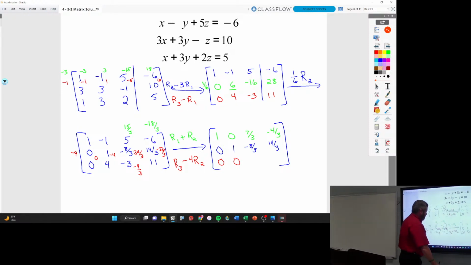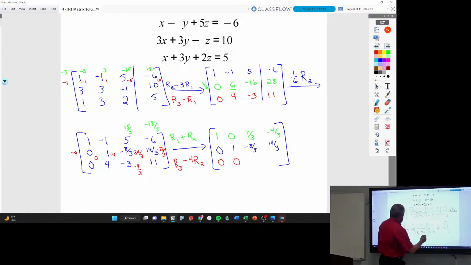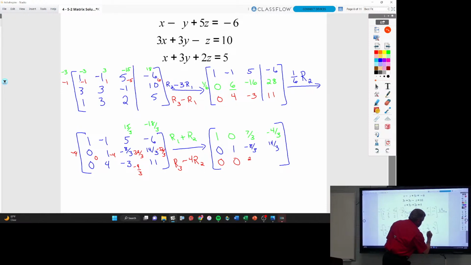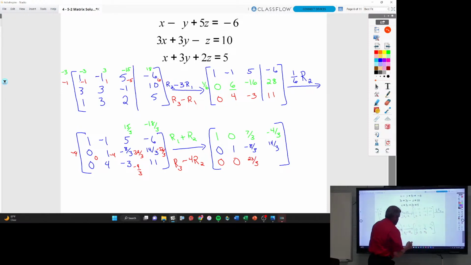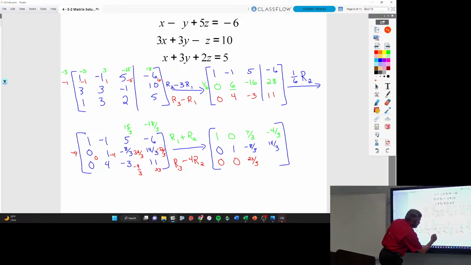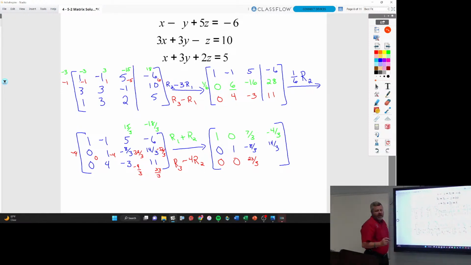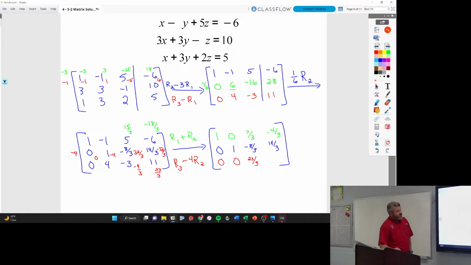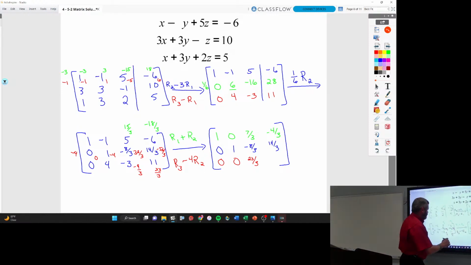So a positive 23 thirds. And we have a negative 56 thirds and 11. Well, 11 is the same thing as 33 thirds. And negative 56 plus 33 thirds would be negative 23 thirds.